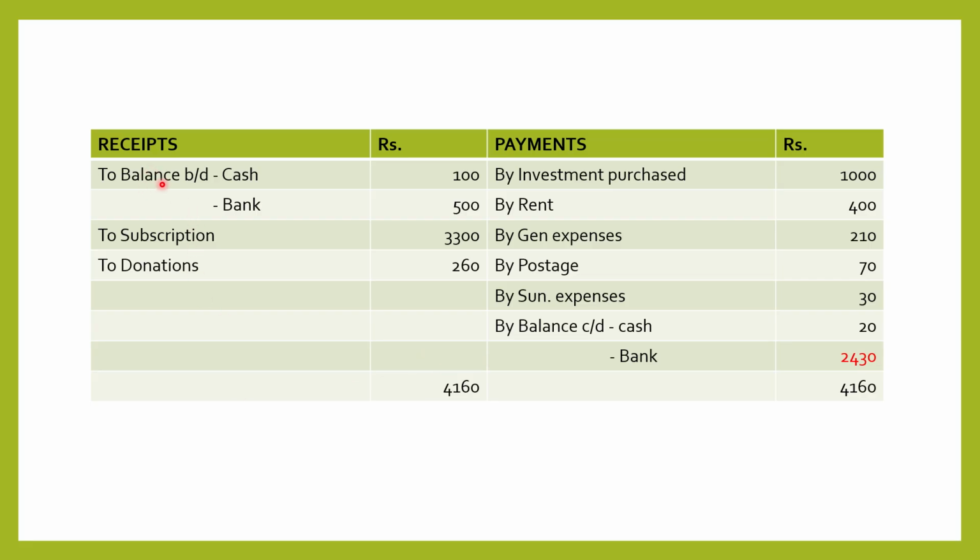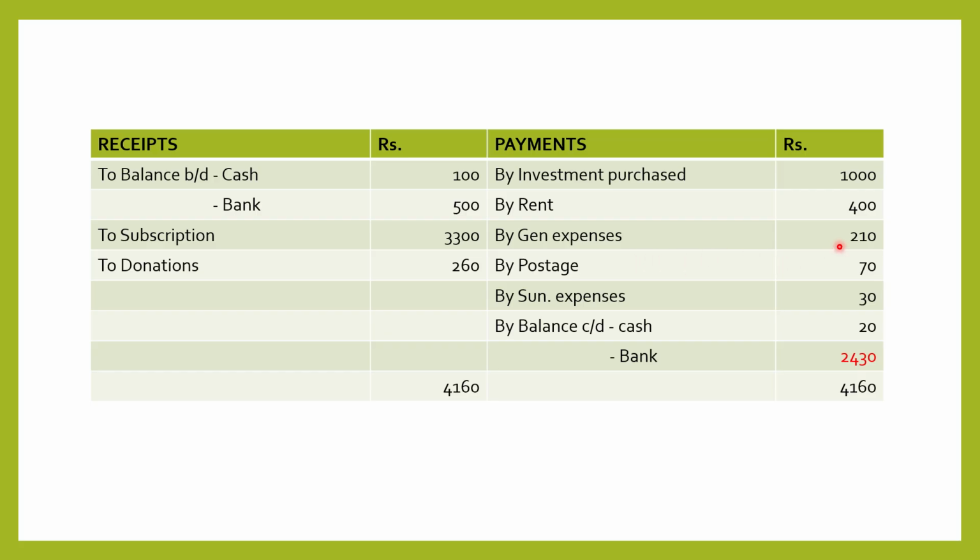So you have to bring the balance of cash and bank balances here, and then let's have subscriptions received during the year is 3,300, donations received is 260, and then we have investment purchased for 1,000 rupees and rent paid is 400 rupees.